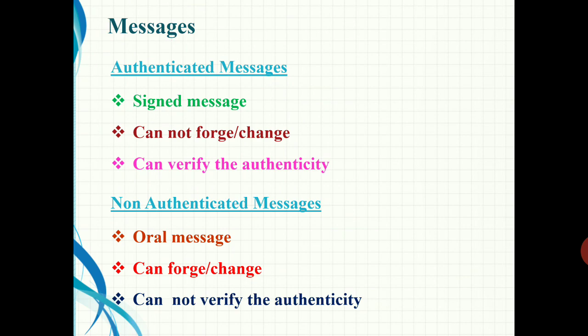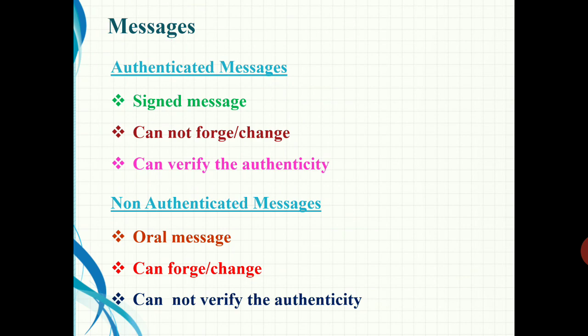But in the case of non-authenticated messages, it is very difficult to achieve an agreement, a common goal or a common decision, in the distributed system. When we compare the non-authenticated message with the authenticated message, we can say that it is an oral message.